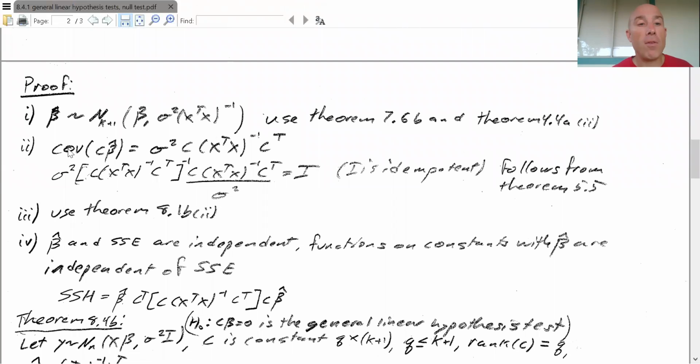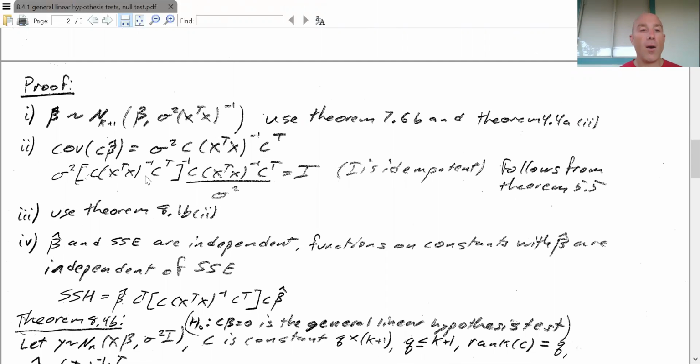All right, and this is exactly what I just articulated, that anytime I have a matrix times a random vector, we take the covariance, the matrix comes out front, boom, and then it goes to the back as a transpose, and then I get the covariance of beta hat inside here, and then we factor out the sigma squared.